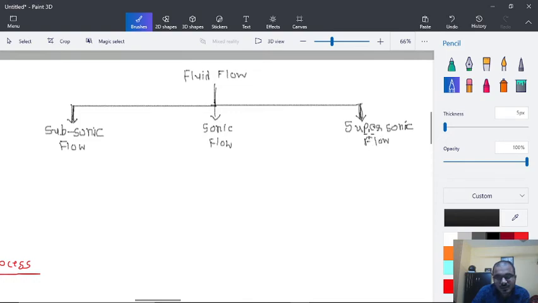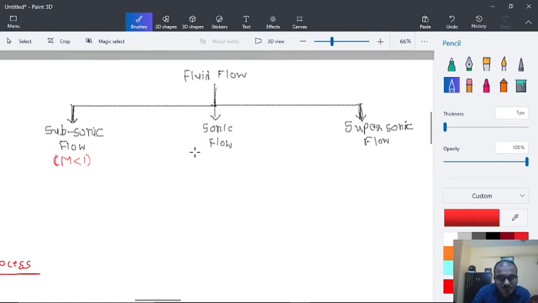So how are these three classified here? In case of subsonic flow, the value of Mach number is less than 1.